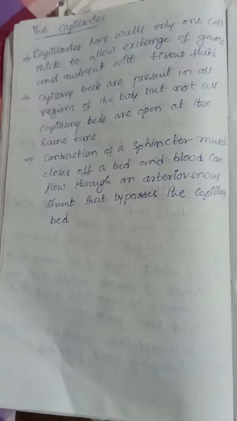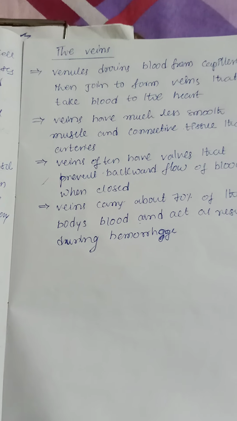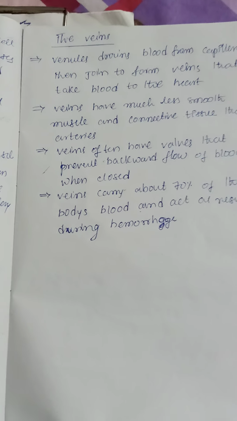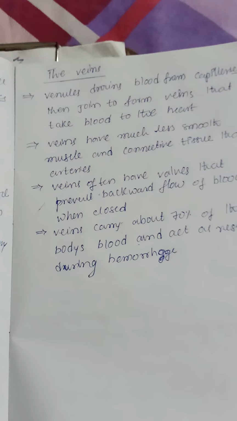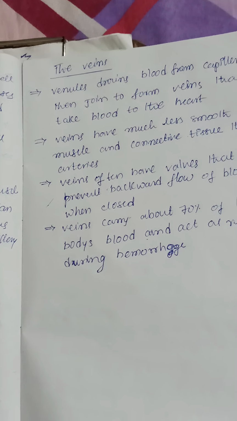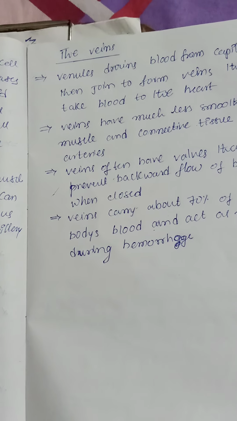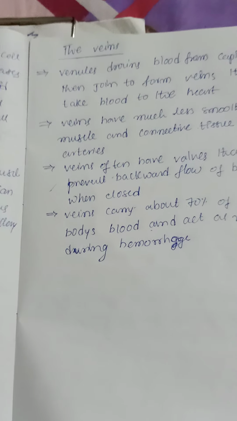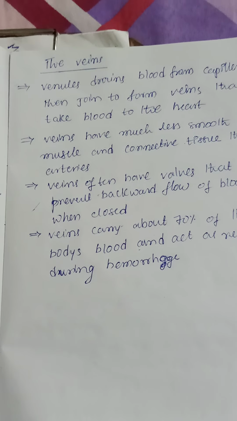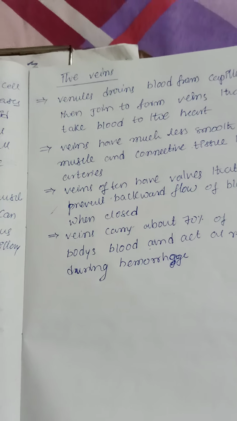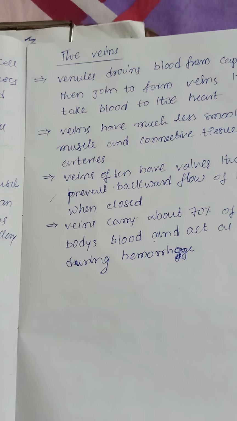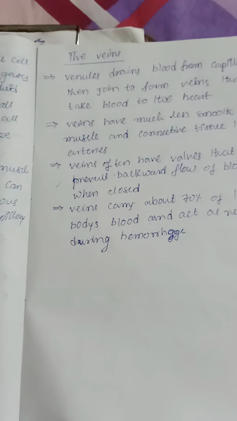Now, veins. Venules drain the blood from capillaries, then join to form veins and take the blood to the heart. Veins have much less smooth muscle and connective tissue than the arteries.